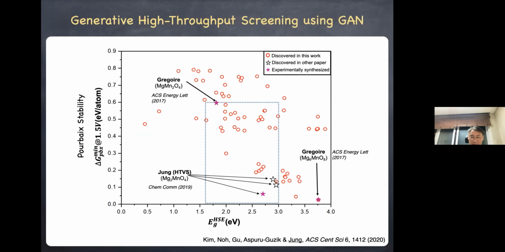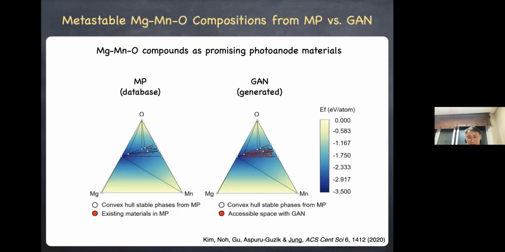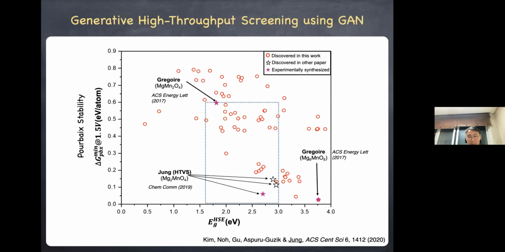We then examined whether some of these structures might be promising for photoanode applications. Indeed, we find that some of the structures have reasonably good Pourbaix stability and band gaps, so that they might be testable experimentally as promising photoanode application materials.